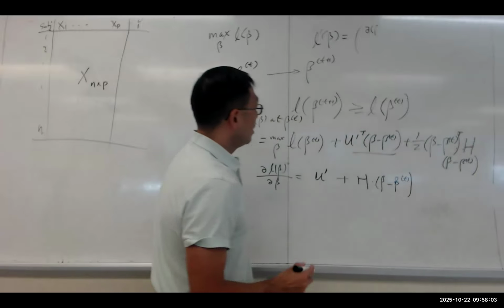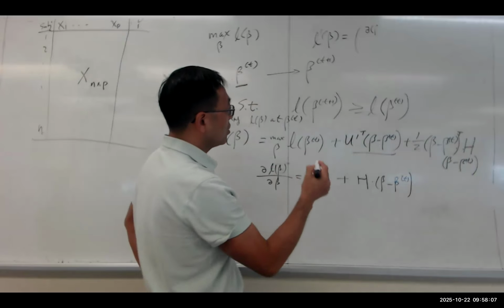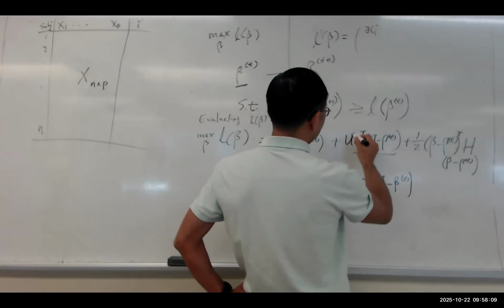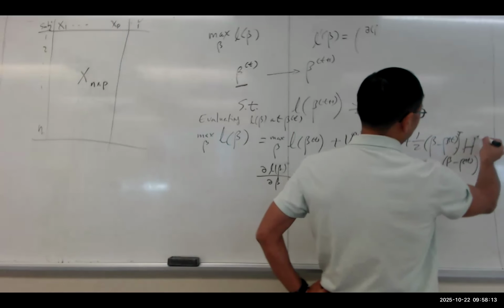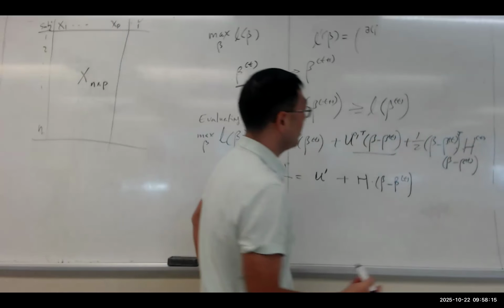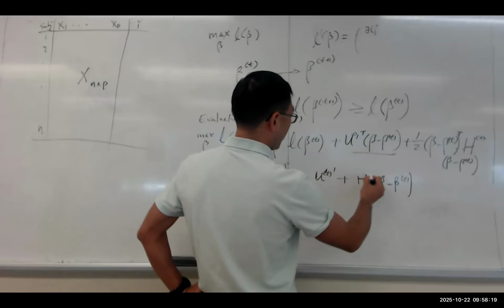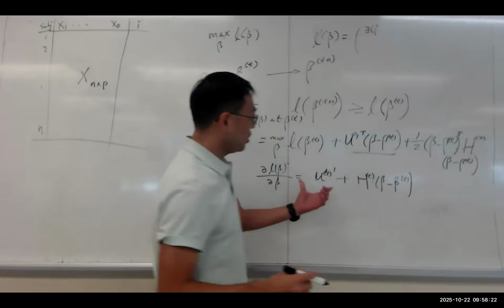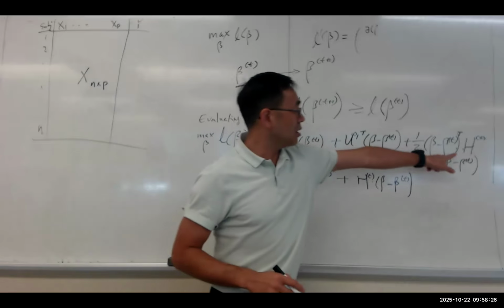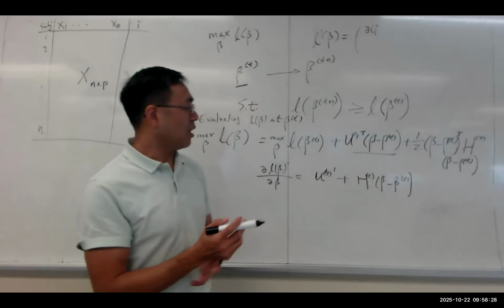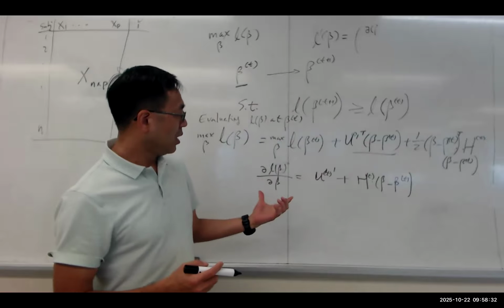I should also write U t, because this is your gradient valid at beta t. Both of them have a t in there: the gradient and the second order derivative are evaluated at this point as well.